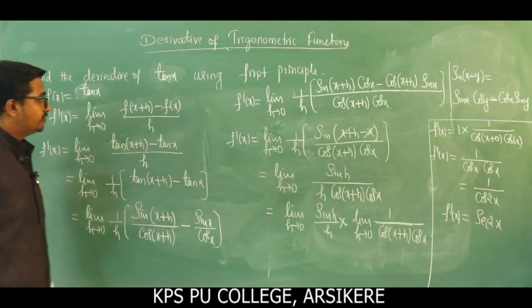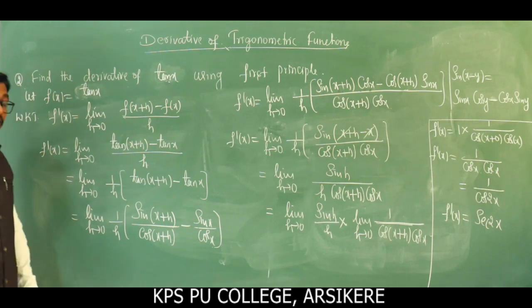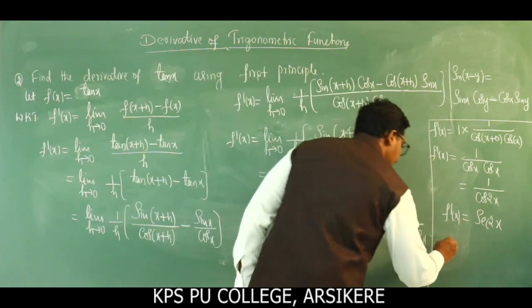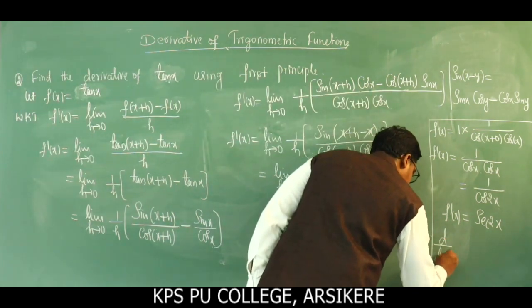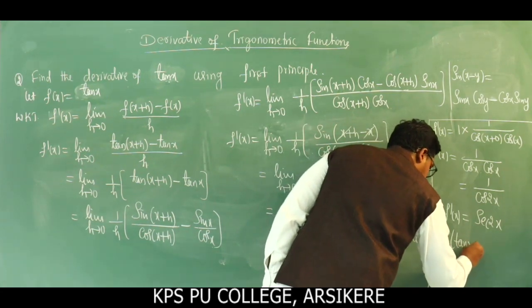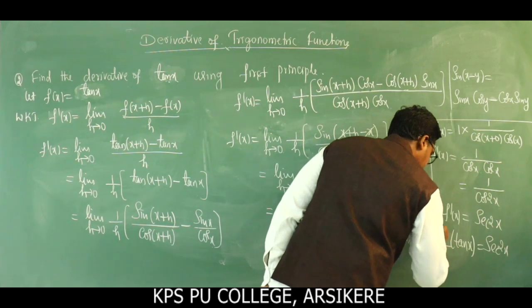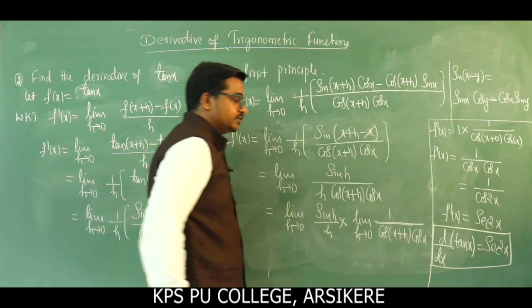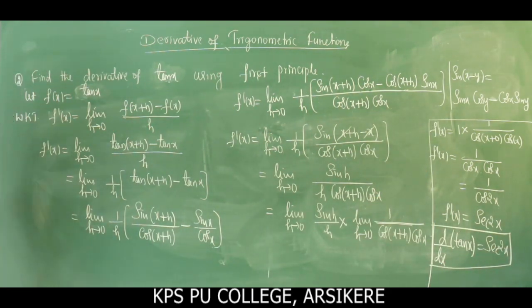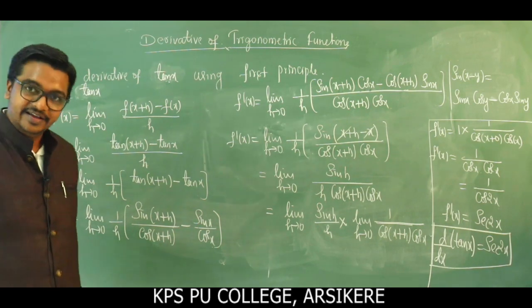Therefore, d by dx of tan x is equal to sec square x. These are things we should remember. Our derivative of tan x is sec square x.